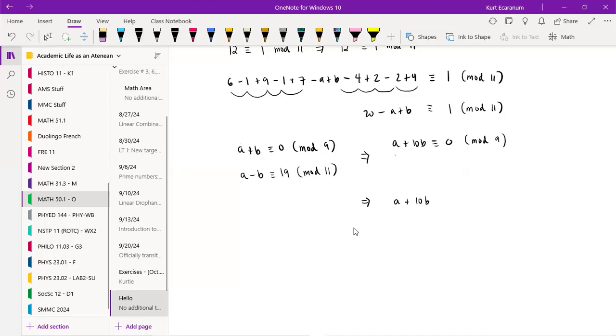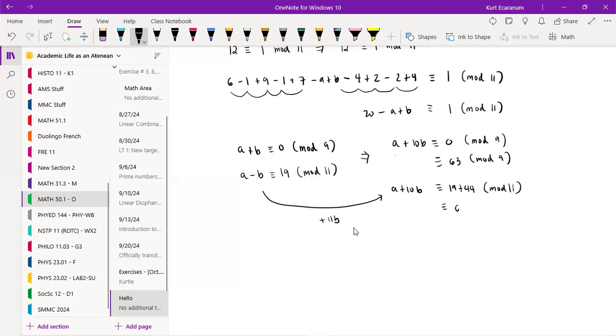So, ang ginawa ko is nagdagdag ako ng pitong 9 sa right side. So, magiging 63. And now here, nagdagdag ako ng plus 11b tapos dito 19 plus 44 kasi mod 11, and then 63 modulo 11 yan.